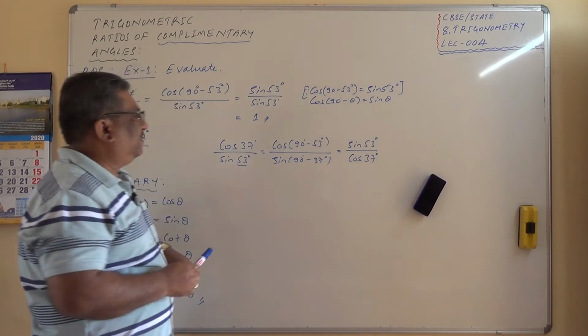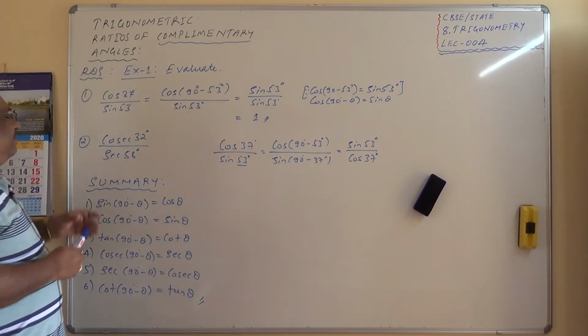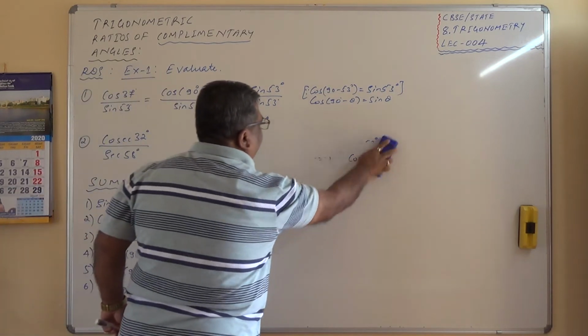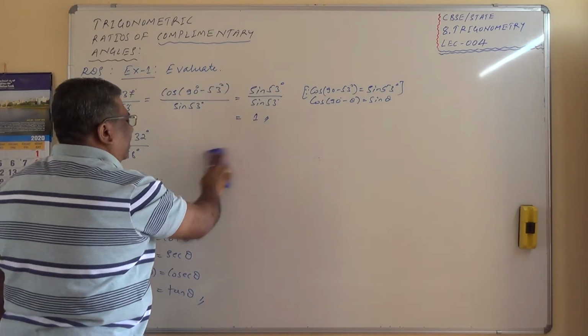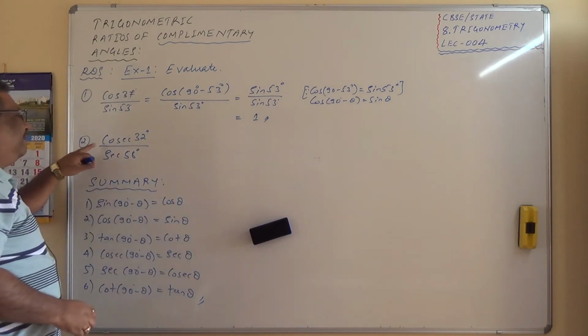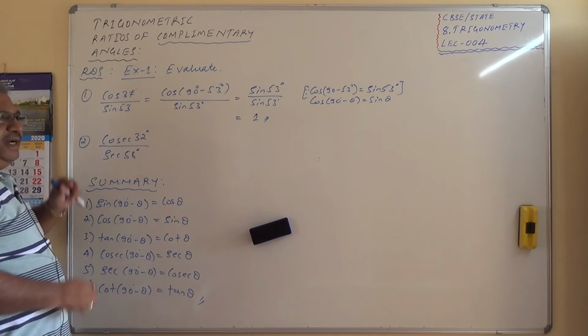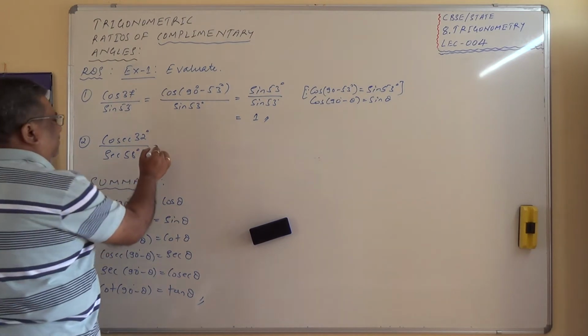I hope you understand this. So in the second question, what I can do here is retain the numerator as it is and apply the complementary angles to the denominator. Let us see how I should write this one.